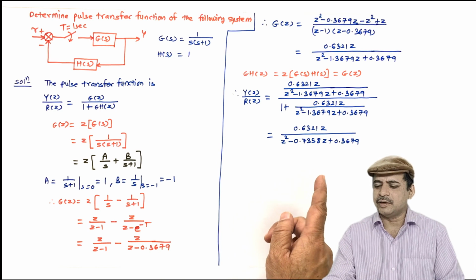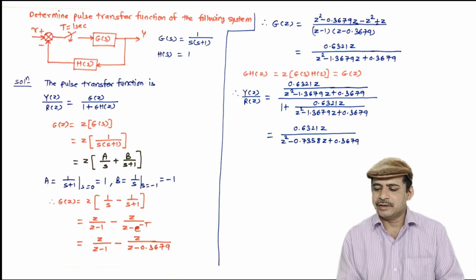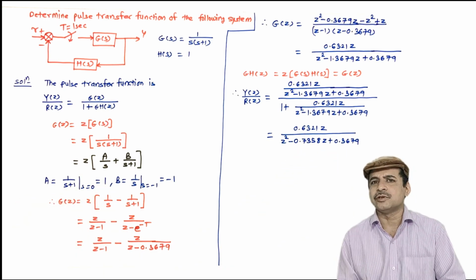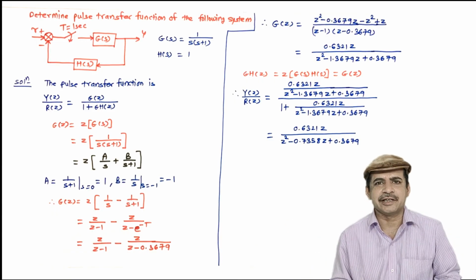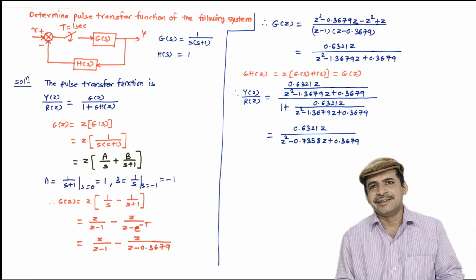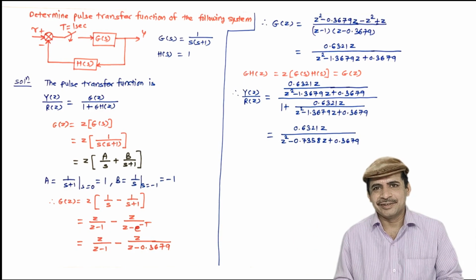Here the zero will be at z equal to 0, and the poles will be the roots of this. If you find out the roots of this, you will get the two poles, and you can plot them in the pole zero plot. That is also possible. From that you can even investigate the stability. How to investigate stability, we will see later on, but you can do it.